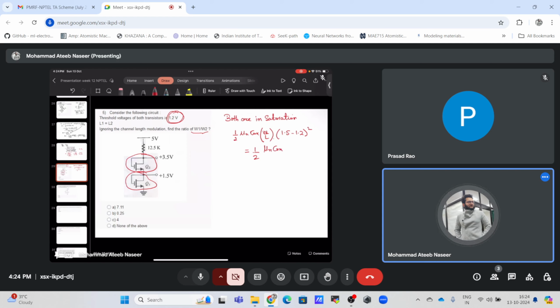W over L 2. VGS is simply 3.5 minus 1.5 minus 1.2, whole square. So it is 2 minus 1.2, it's 0.8. So it's simply W1, because L1 and L2 are the same, W1 times 0.3 whole square is W2 times 0.8 whole square.